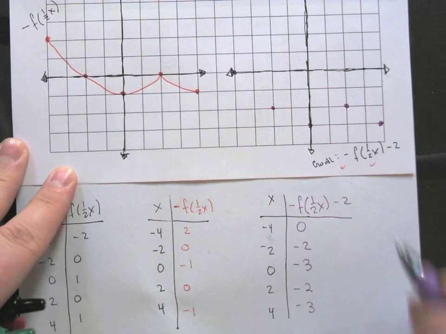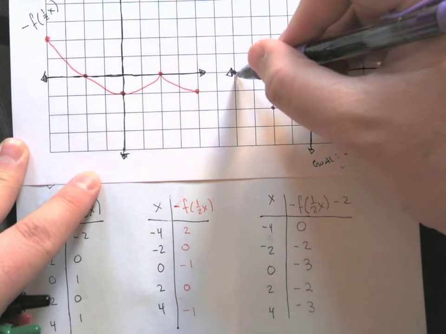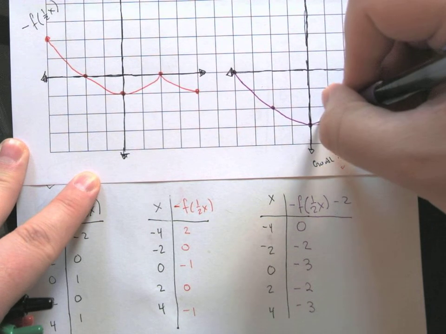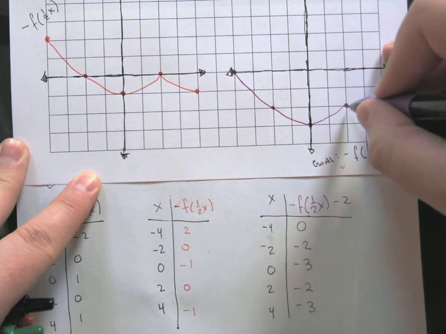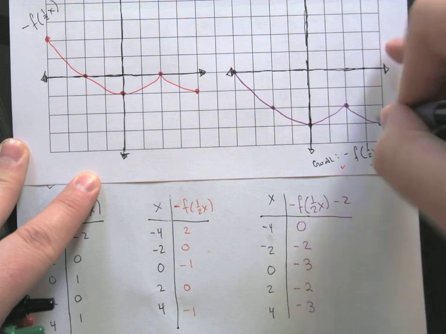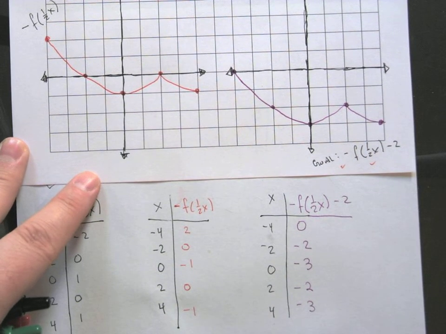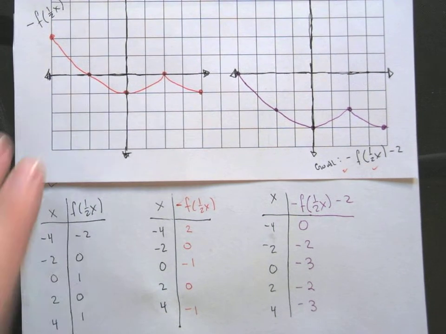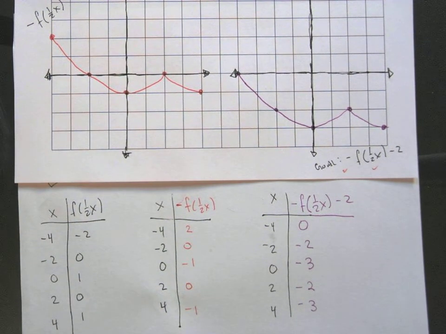Going to do this arch thing, fill this in as best I can, kind of roughly this, and then down, and then this comes back up. Okay, that's pretty decent.